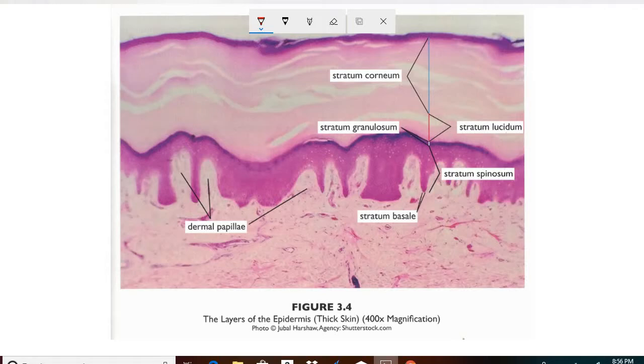So again, if we orient ourselves, down here are the deep layers. So this is the deep layer, and then when you get up toward the top, this is the part of the skin that is actually on the very surface. Okay, so deep down here, and the surface of the skin would be up here. Okay, so the deepest layer is called the stratum basale.